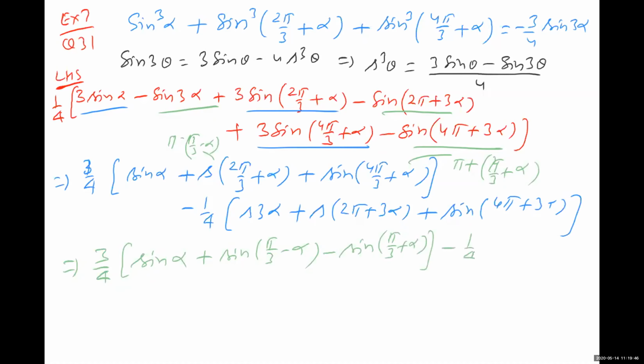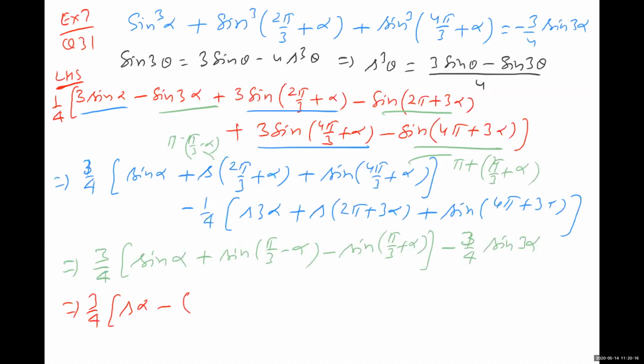Minus 1 upon 4 sine 3 alpha 3 times, because all are sine 3 alpha only. Sine (2 pi plus 3 alpha), sine (4 pi plus 3 alpha), everything is sine 3 alpha. So this part, if you write one more step, 3 upon 4 sine alpha plus sine, expand, apply sine a plus b minus sine a minus b. So minus sign you can take common here outside.